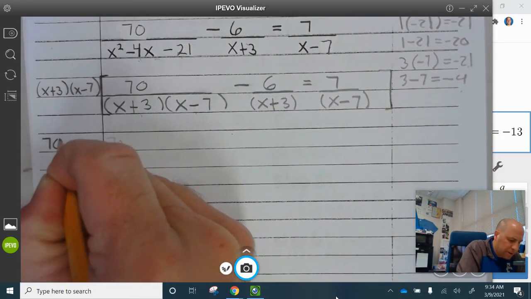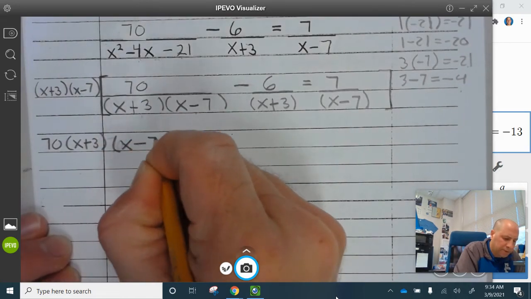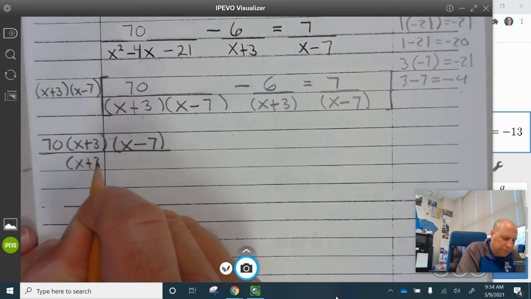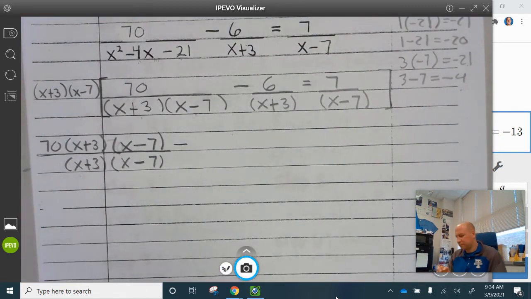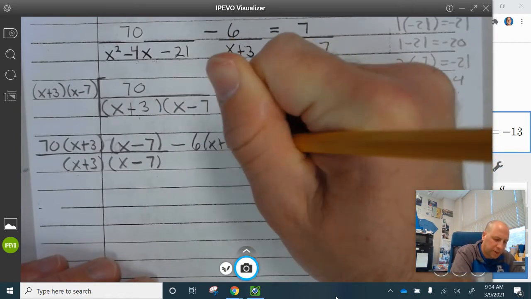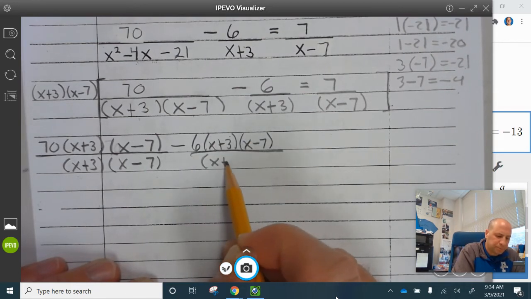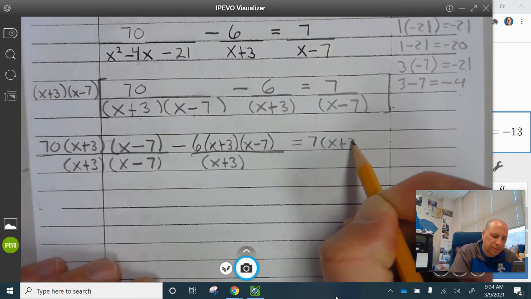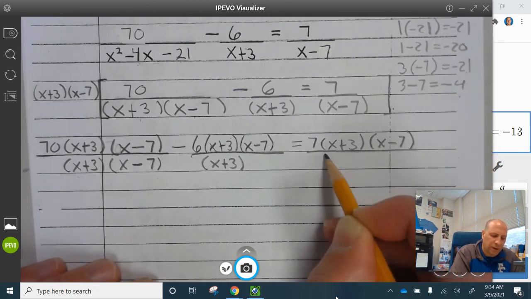So that's 70 times x plus 3 times x minus 7, divided by x plus 3 times x minus 7, minus 6 times x plus 3 times x minus 7, divided by x plus 3, equals 7 times x plus 3 times x minus 7, divided by x minus 7.